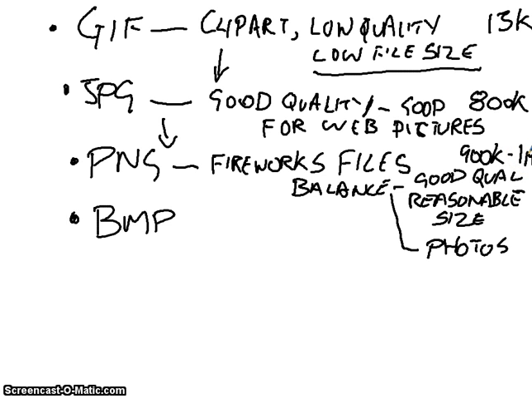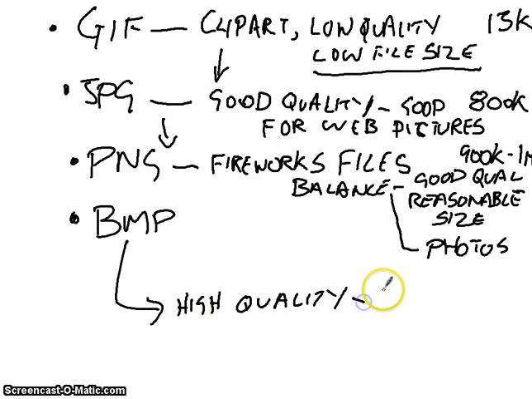And the last one is bitmap. Now bitmap files are the highest quality. The downside of this being the highest quality, of course, is a high file size. So if you take a photo with a good quality digital camera, then you are going to end up with a bitmap file.